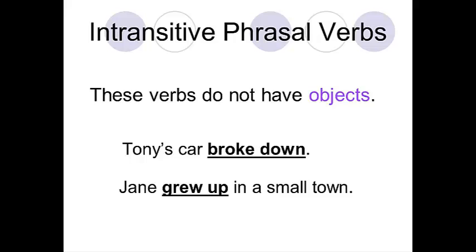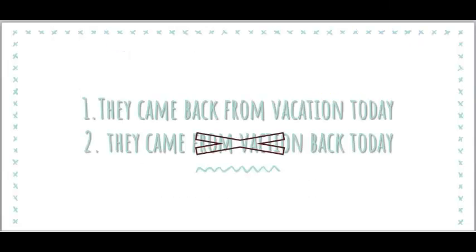For example, they came back from vacation today. It's important to know that we cannot put a word or phrase between the verb and the particle of an intransitive phrasal verb. For example, they came from vacation back today.